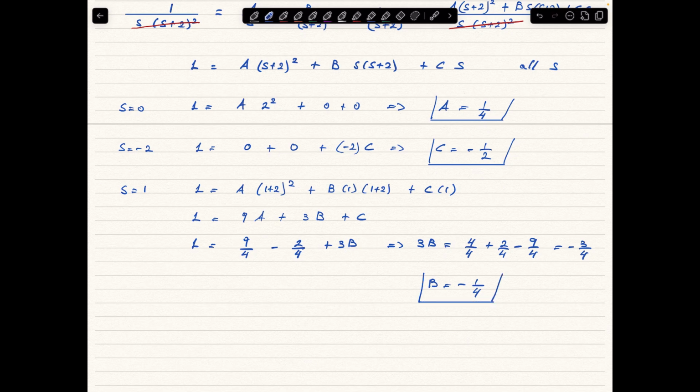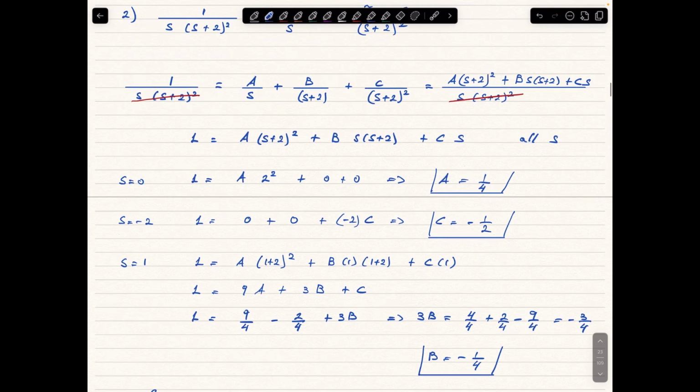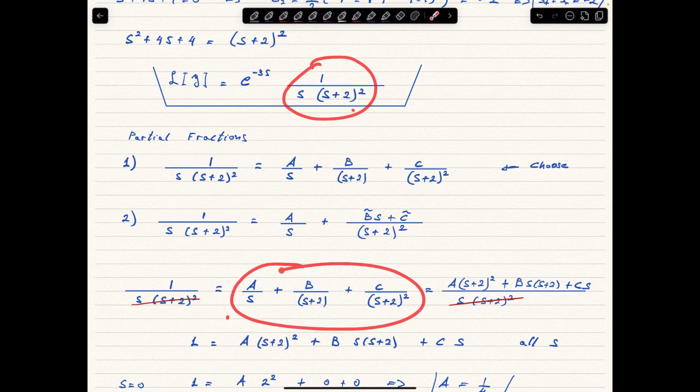So now we go back to our Laplace transform of the solution we are looking for, Laplace transform of y, and we say, well, that expression is now this expression with the constants we know.